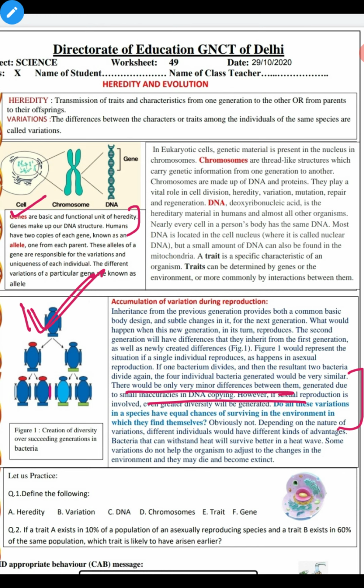So the answer, if you want to write, is trait B, which exists in 60% of the same population, arose earlier as compared to the 10%. So the answer is this 60%, right?